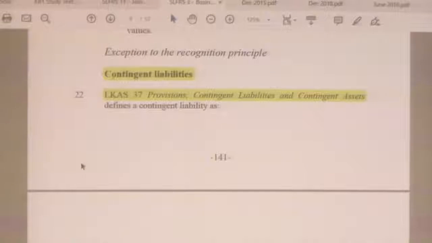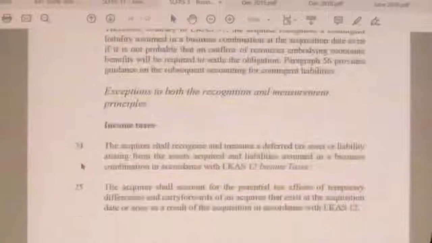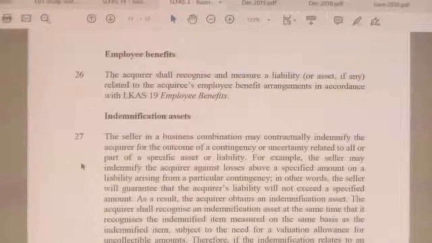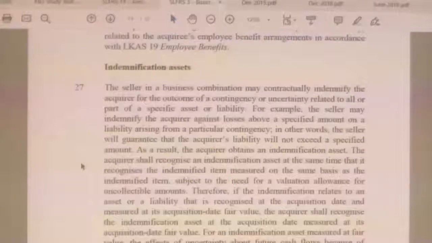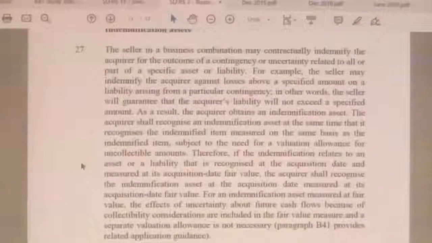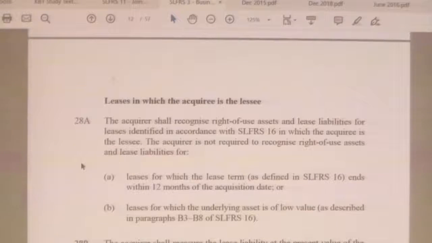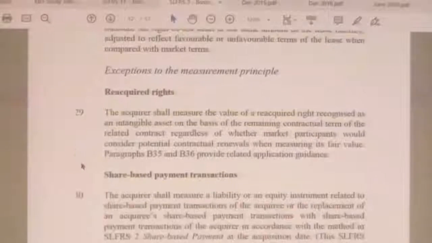Contingent liabilities, and income tax, LKAS 12, income tax, which you have already discussed, and employee benefits, and leases in which the acquirer is the lessee, and reacquired rights and share-based payments.